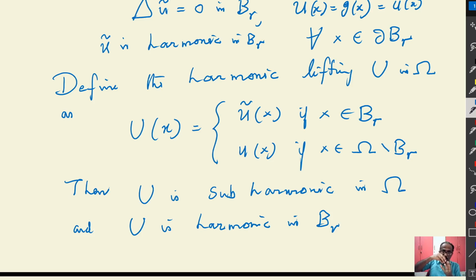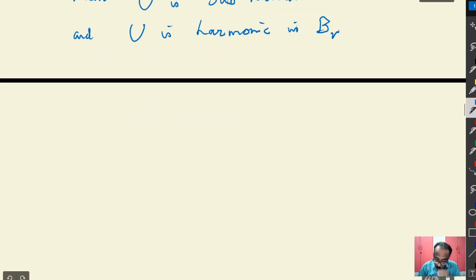On that ball, you can change that function U to make it a harmonic function by redefining it, without changing it outside and without losing the total sub-harmonicity. And that's what we call the harmonic lifting.